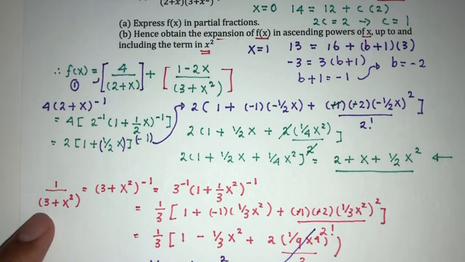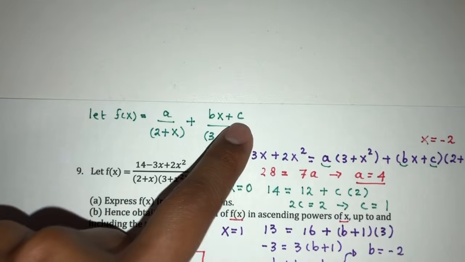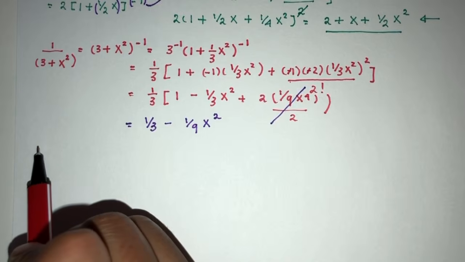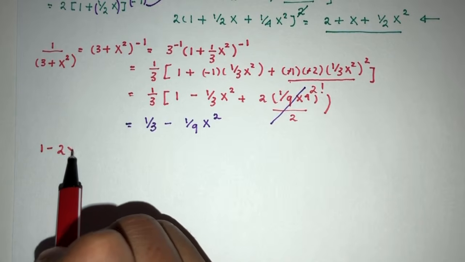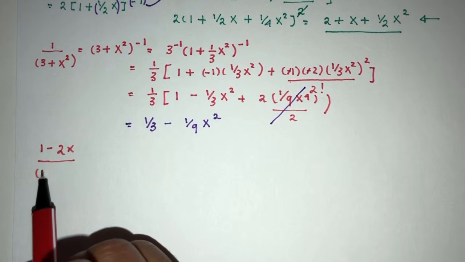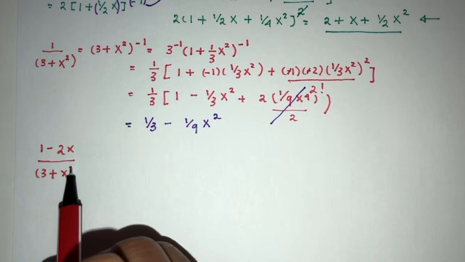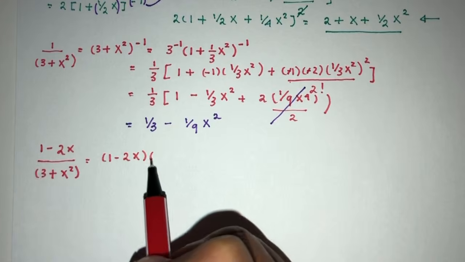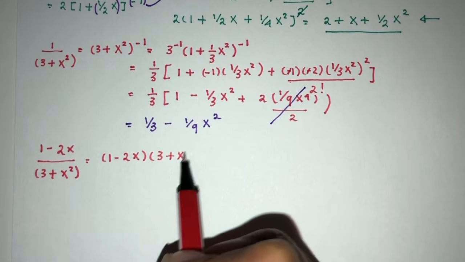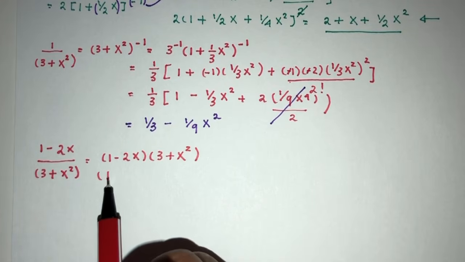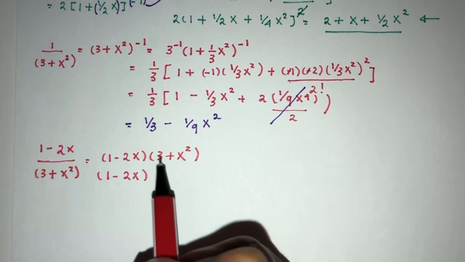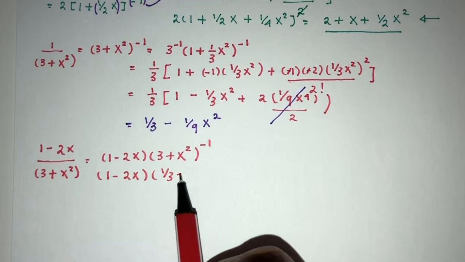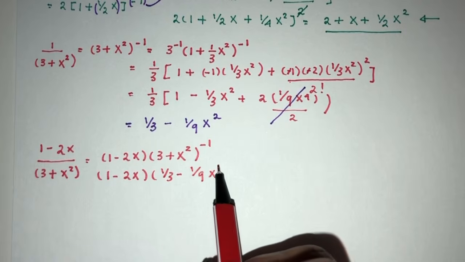Now again, we do know that we have bx plus c on top, which is 1 minus 2x. So we had this before, so this can also be written as what? It can be 1 minus 2x over 3 plus x squared. But now we realize that this term here could be 1 over 3 minus 1 over 9 x squared.